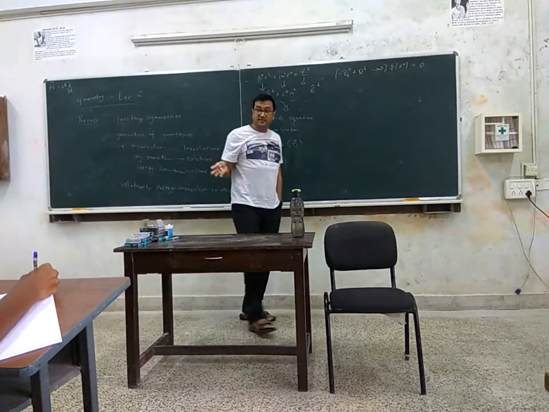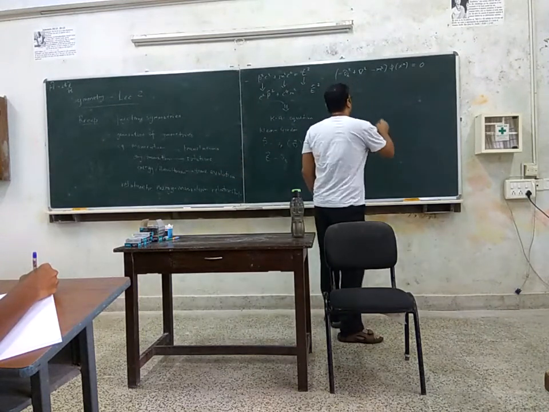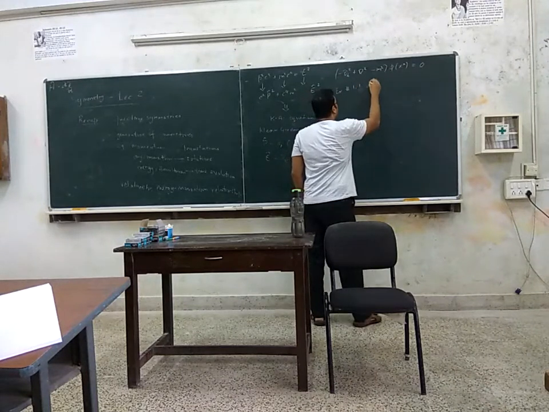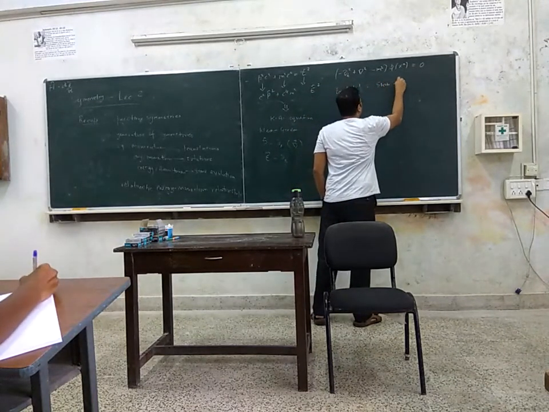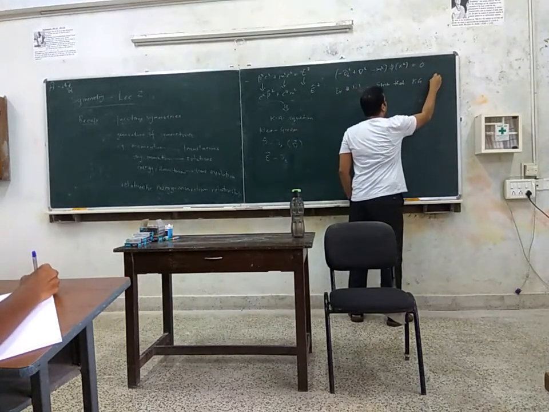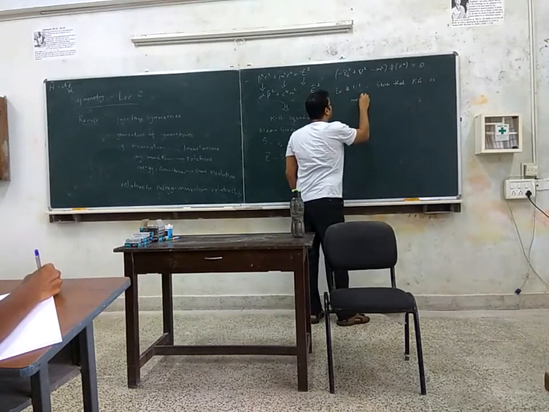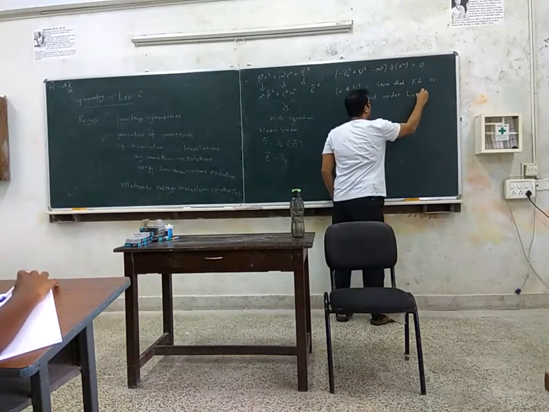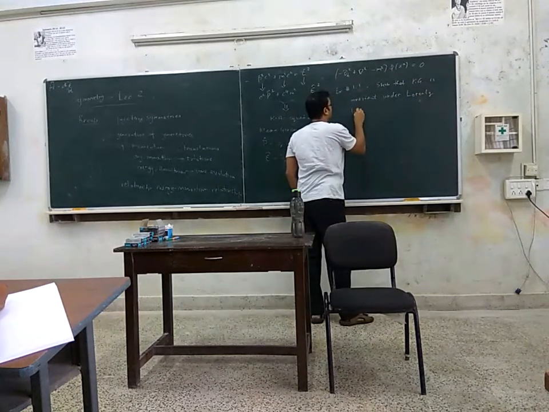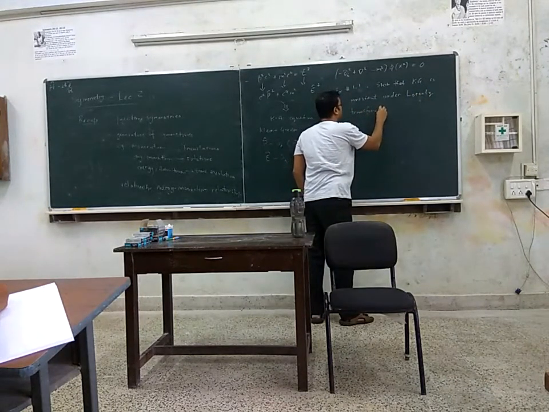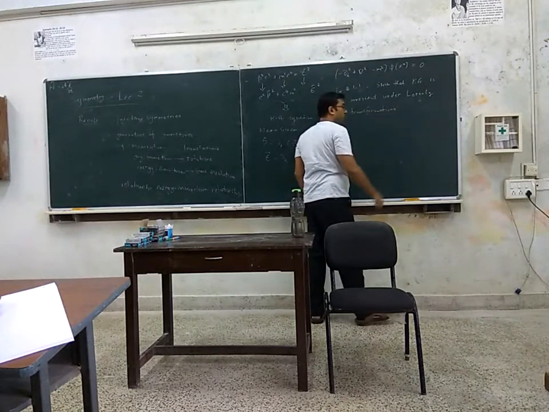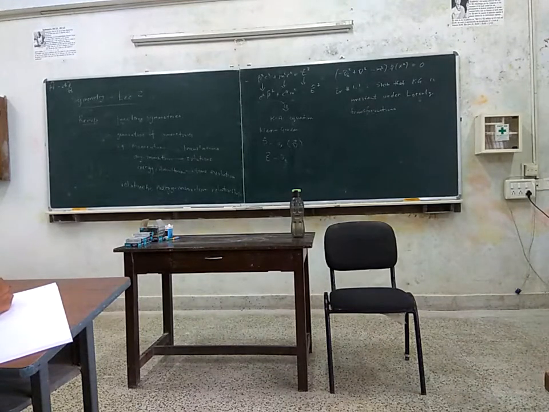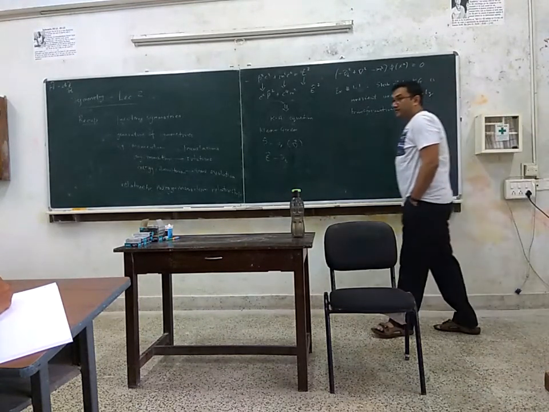So this is the first exercise of your first homework set, to show that the Klein-Gordon equation is invariant under Lorentz transformation.